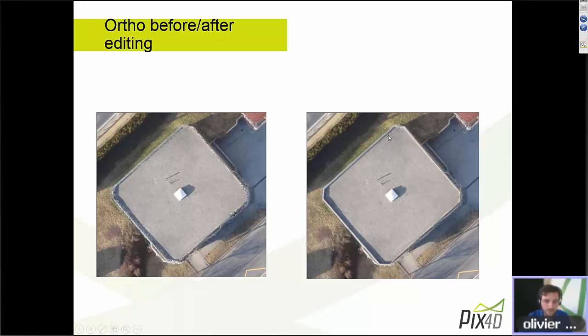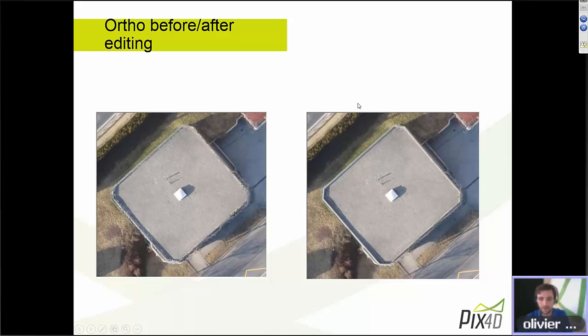On the right, however, if you look at the edges of the roof, you can see that they are perfectly straight with no little noise like that. This is because the 3D model was improved, and by improving the 3D model, you improve the reprojection, and so you avoid artifacts.